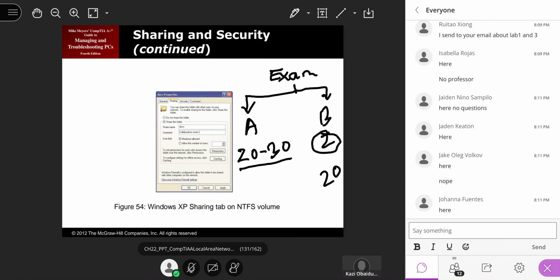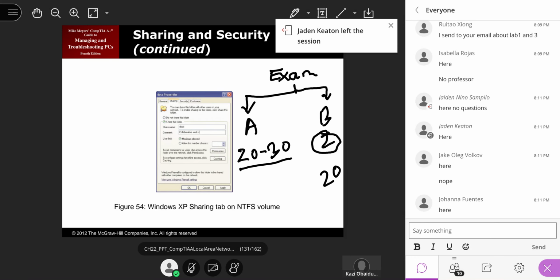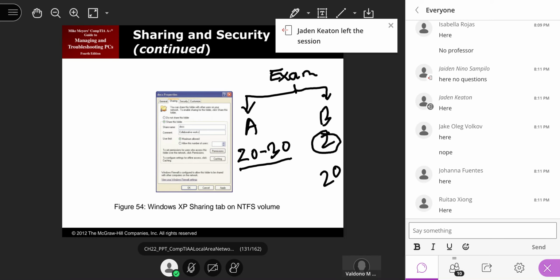Minda is here, right? Minda is not here. Okay, and then Roito. Great.